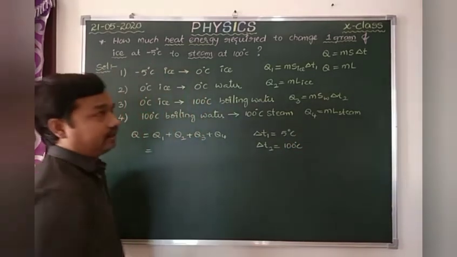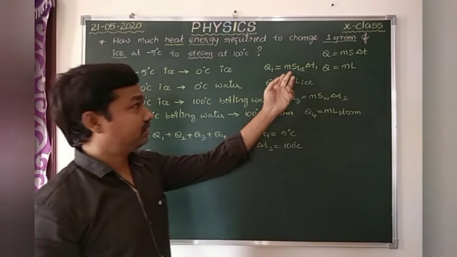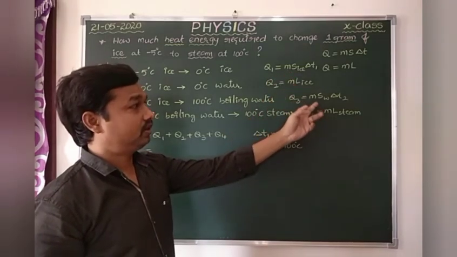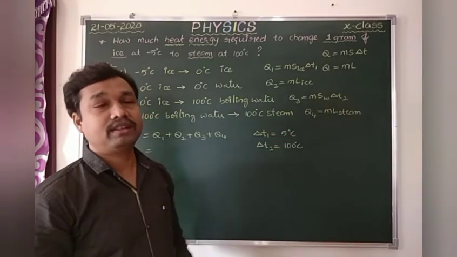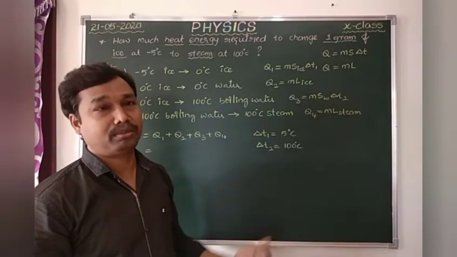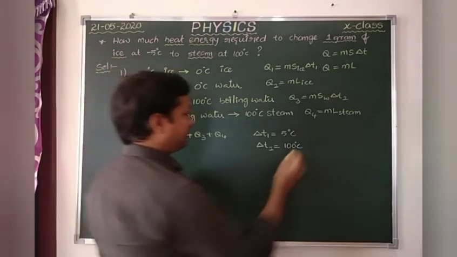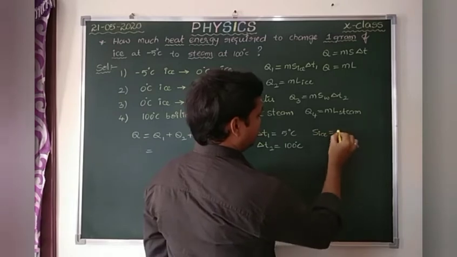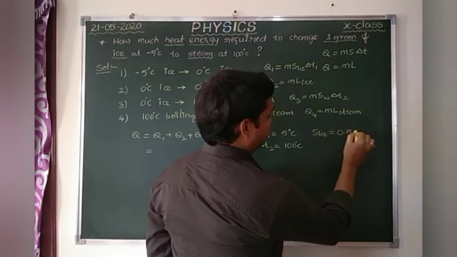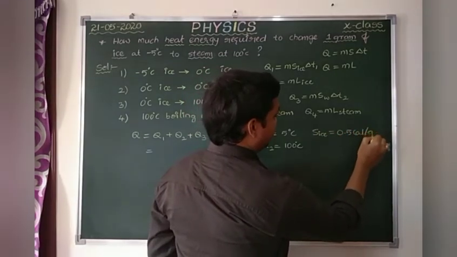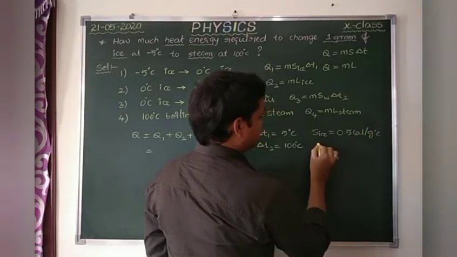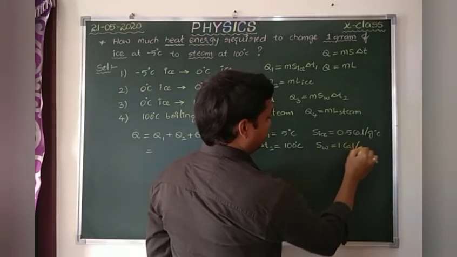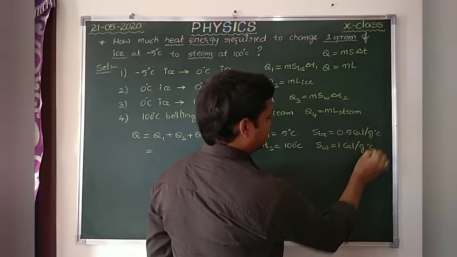Here you are observing some constants: specific heat of ice, latent heat of ice, specific heat of water, latent heat of steam. They won't give us these values. We need to remember. Specific heat of ice is constant, 0.5 calorie per gram degree Celsius. Specific heat of water is 1 calorie per gram degree Celsius.